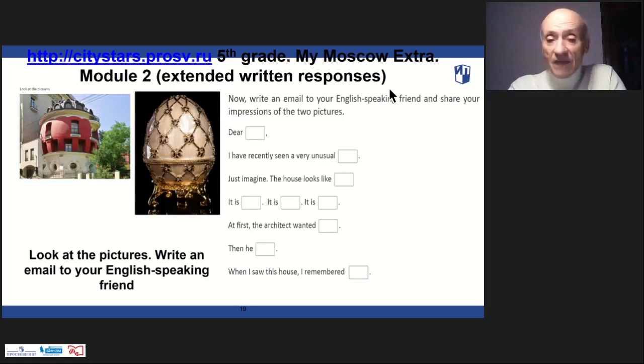Also using the facilities in this internet portal, the children can record, which is very important, their oral answers.